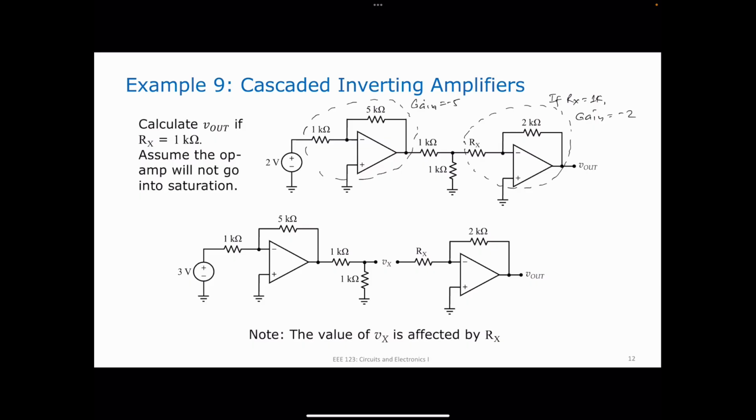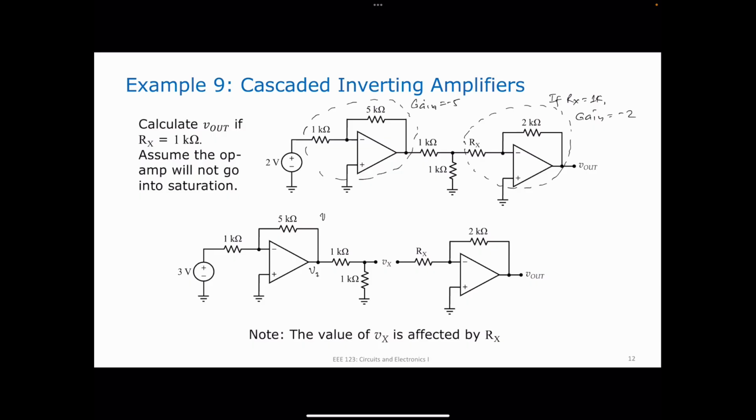What if the two were disconnected at this point? What if this connection was not made? In other words, what if we had two circuits here, the left circuit and the right circuit? If this is 3 volts, let me call this V1. What is the value of V1?